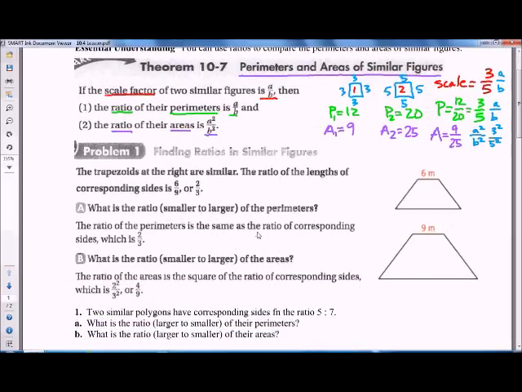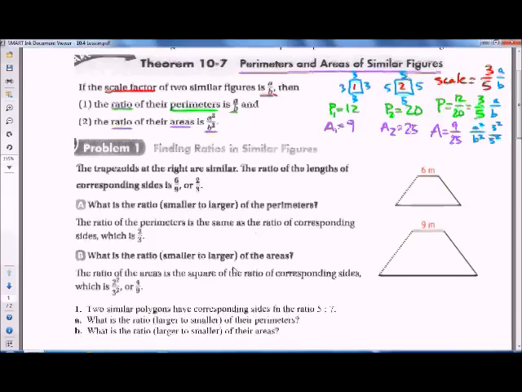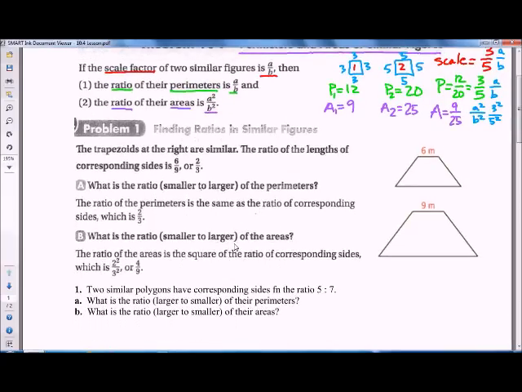Let's do an example. It says the trapezoids at the right are similar. The ratio of their corresponding sides, if we look, we're going to find our scale, is 6 to 9, which reduces down to 2 to 3. It asks us to find the ratio of the smaller to larger, be careful there, of the perimeters.